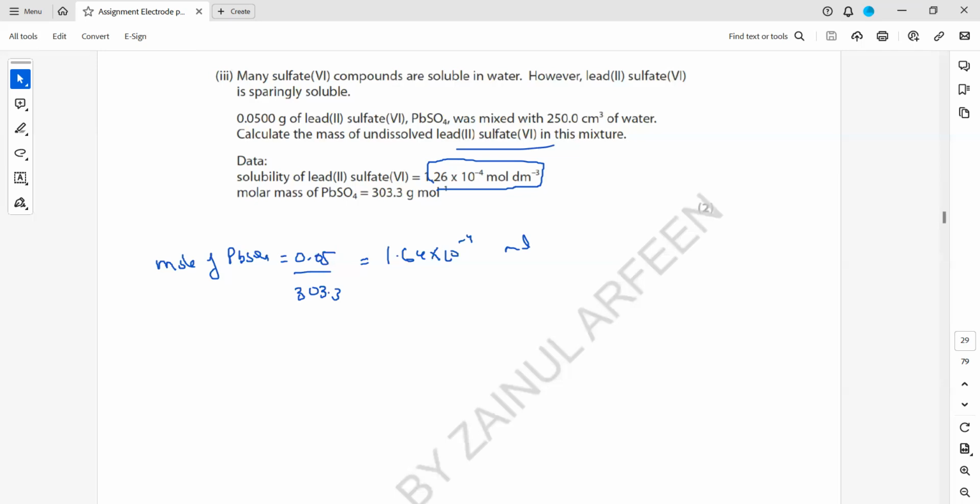But how many moles will dissolve? We have the solubility, like this many moles dissolve per dm³. So the moles of lead sulfate dissolve in 250 cm³. The solubility is given and the volume is given.